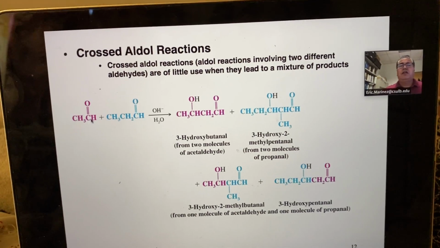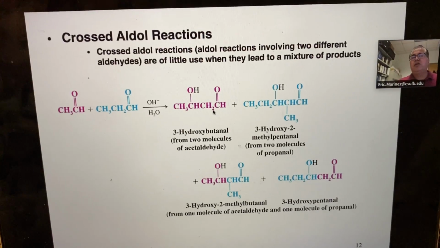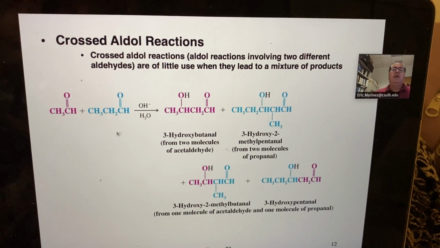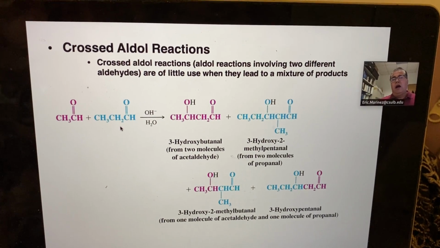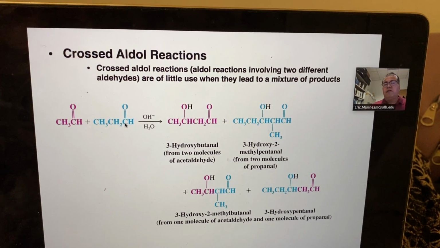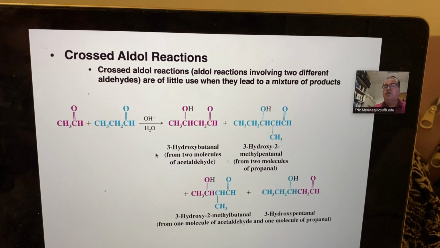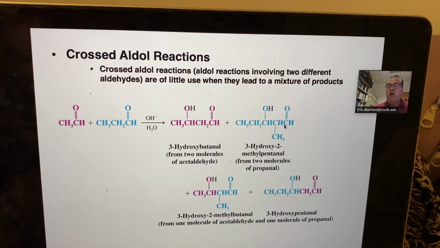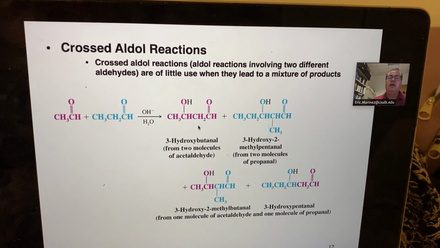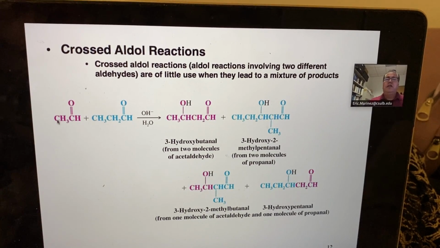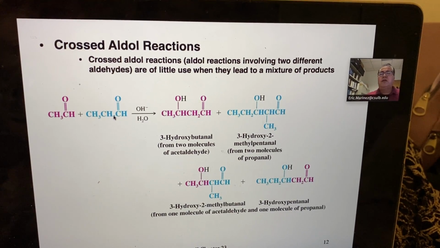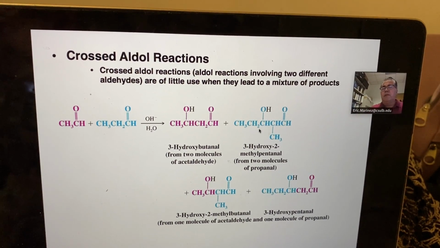Notice that this is 1, 2, 1, 2, so that should be a C4 carbon: 1, 2, 3, 4. And then very similarly, propanal, which is 1, 2, 3, if it reacts with itself, since I have 3 carbons here, it should form a 6 carbon: 1, 2, 3, 4, 5, 6. Okay, so if acetaldehyde reacts with itself, I get this dimer. If propanal reacts with itself, I get this dimer.